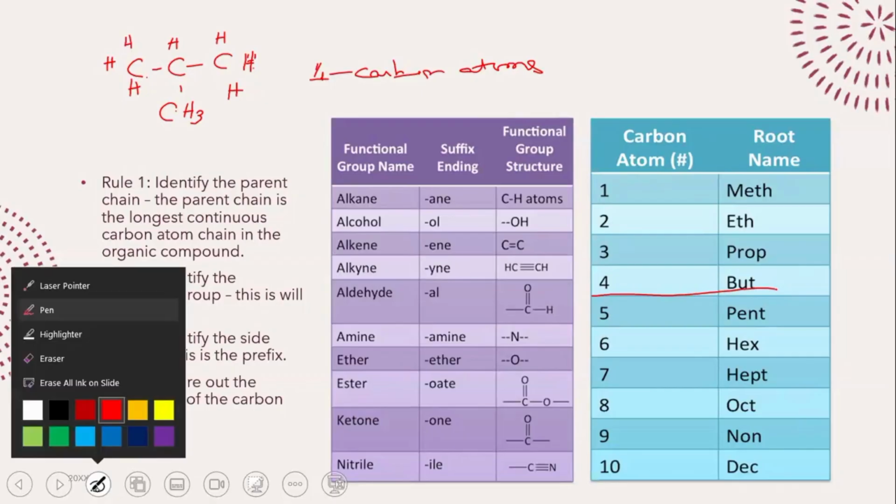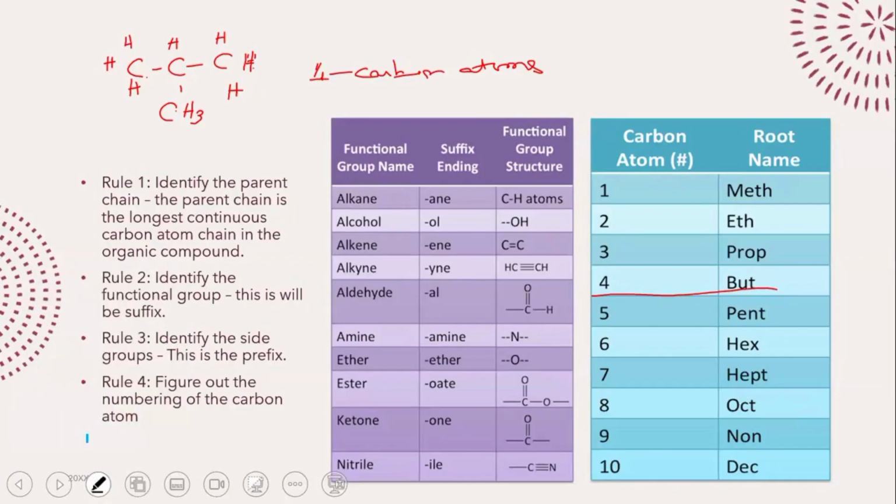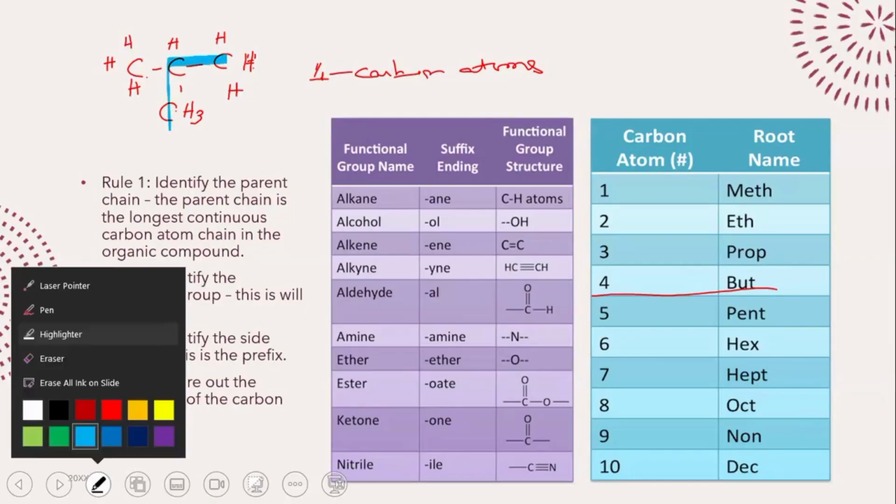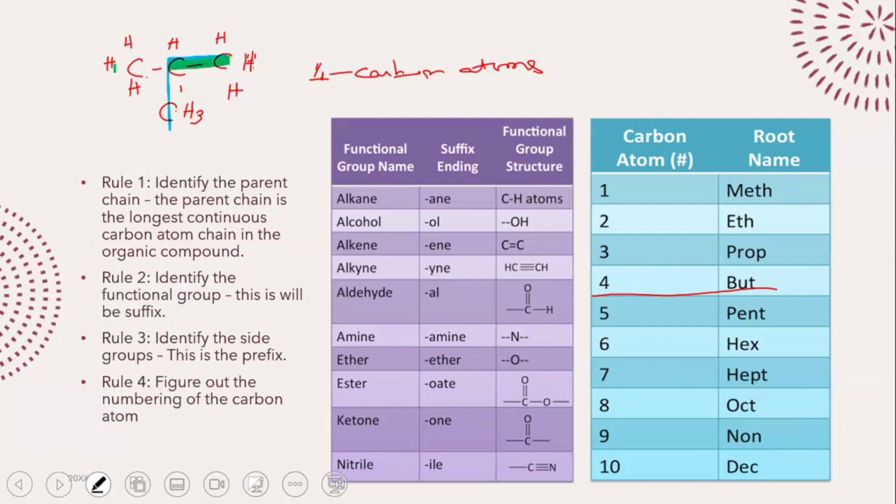Why? The reason I will not be naming it but is because if I try to connect these carbon atoms to make one continuous chain, there can be no breaks. I cannot make a chain of more than 3 carbon atoms, right? It doesn't matter how I try to draw this chain.